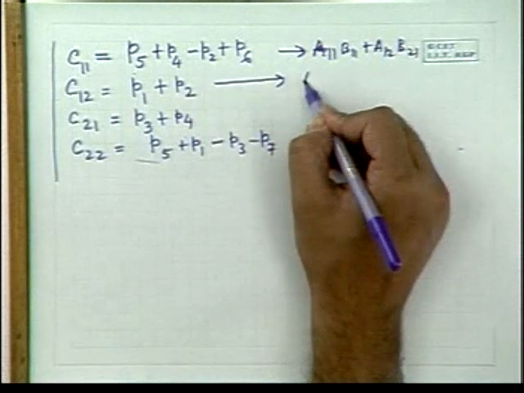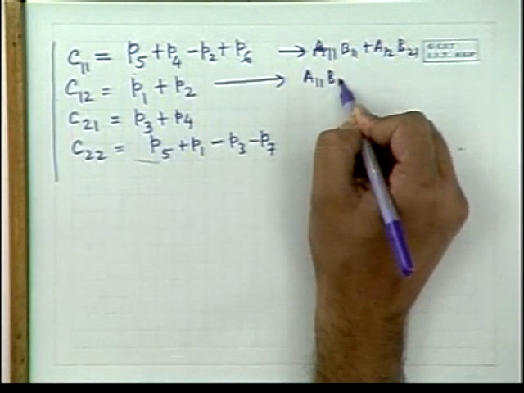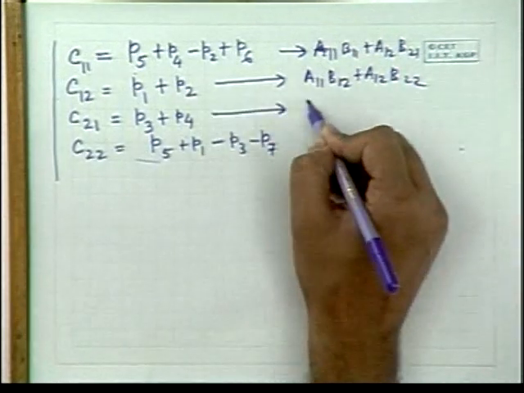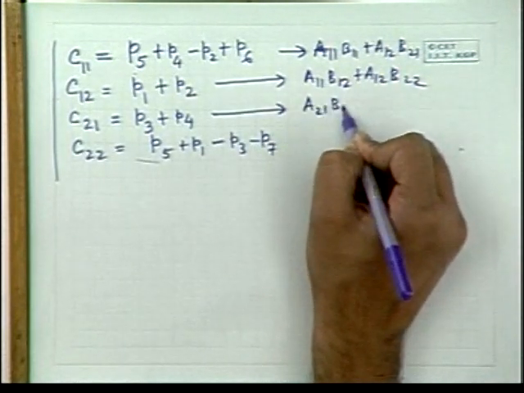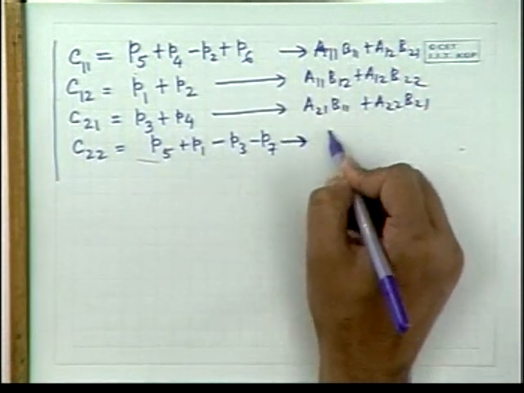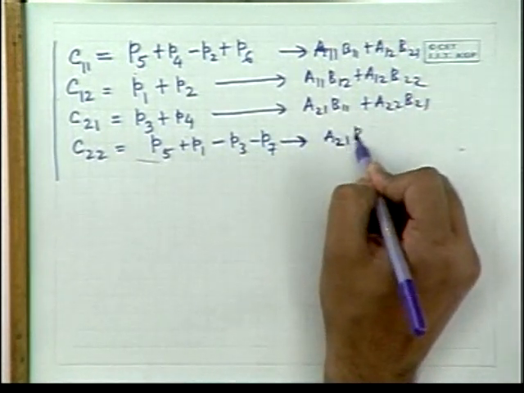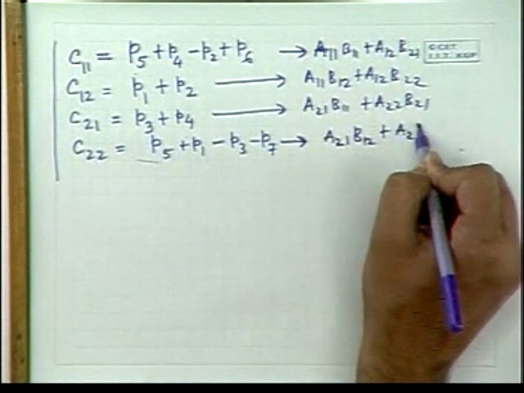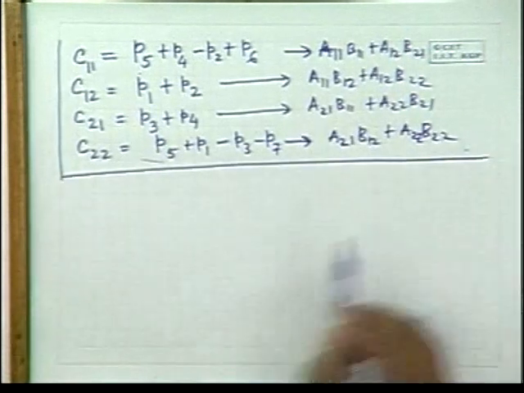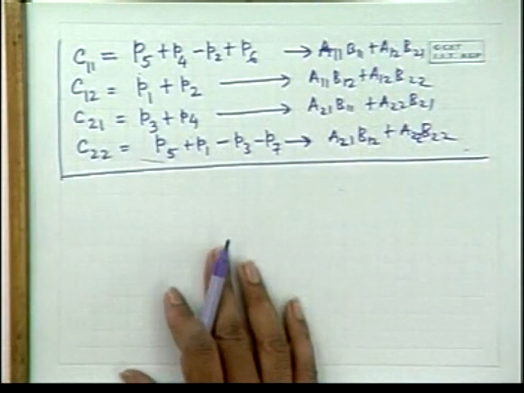This one will give you A11 B12 plus A12 B22. This one will give you A21 B11 plus A22 B21, and this one will give you A21 B12 plus A22 B22. So you have got all the elements from the Pi's.